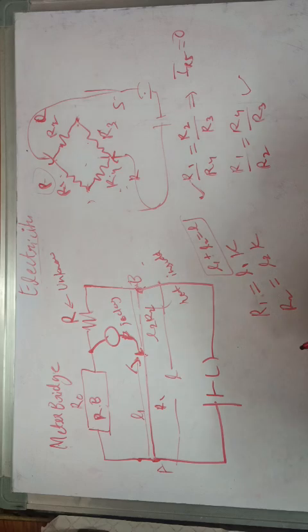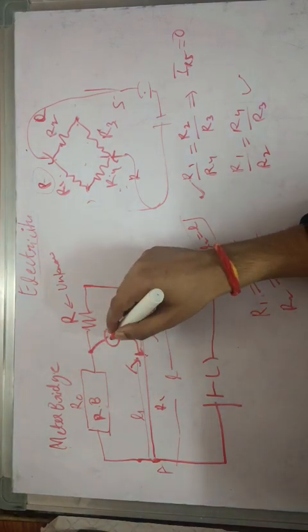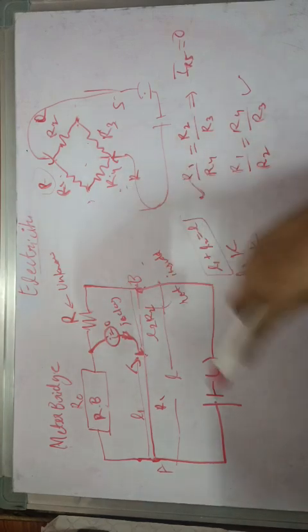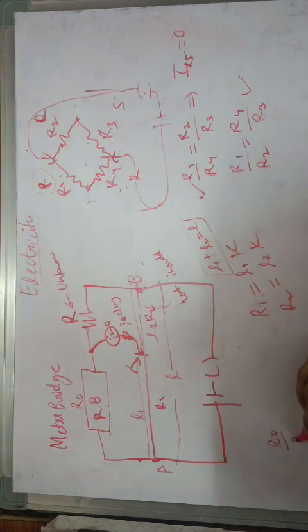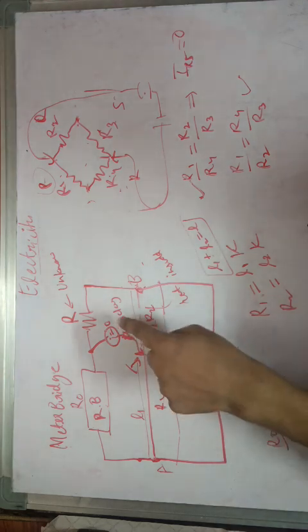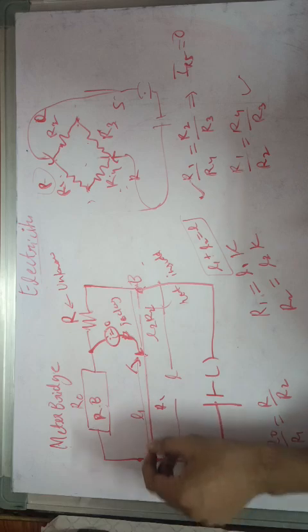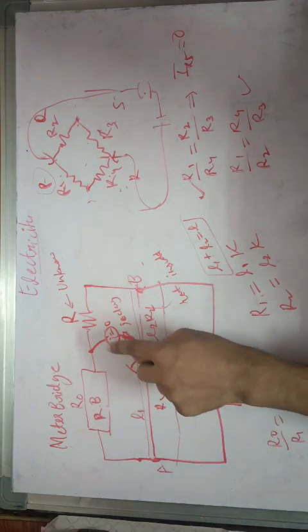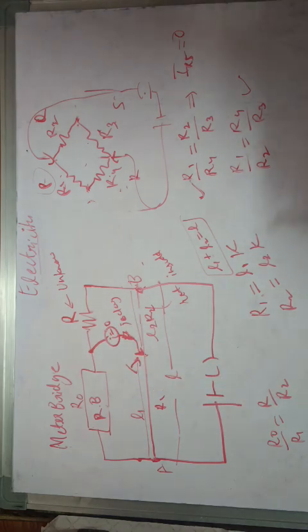So if the current in this galvanometer becomes zero, which happens when the condition of Wheatstone bridge is found, which means R0 over R1 is equal to R over R2, we move this jockey on this wire until we get zero reading of current in this galvanometer.